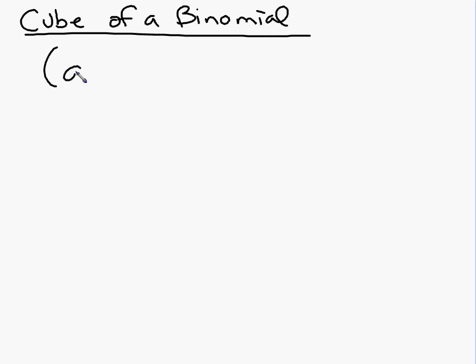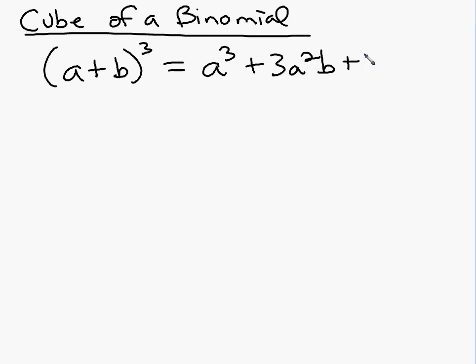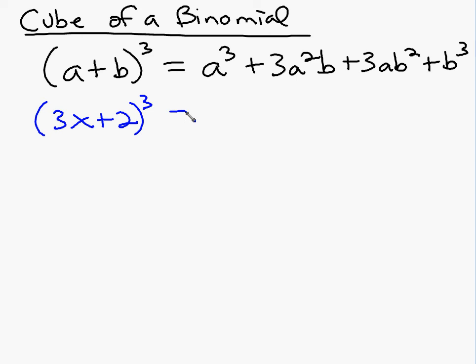If I want to cube a binomial, I follow this formula: a cubed plus 3a squared b plus 3ab squared plus b cubed. So if I wanted to cube 3x plus 2, the quantity cubed, then I just follow the formula.